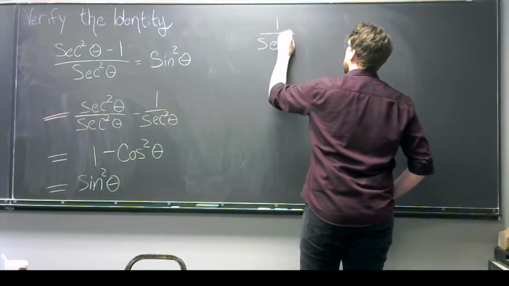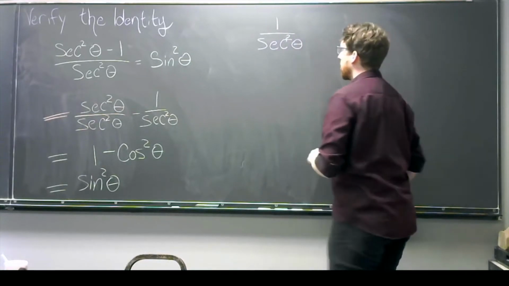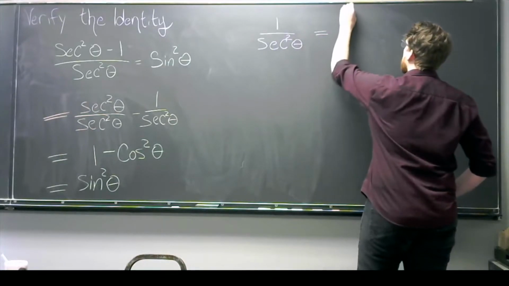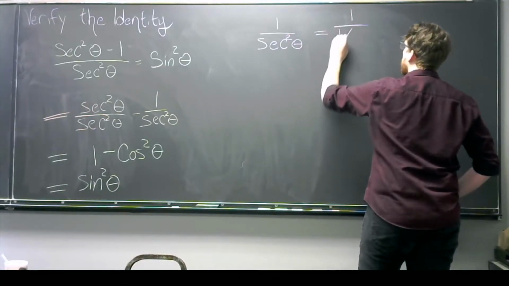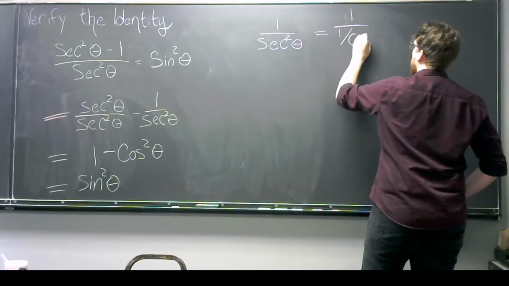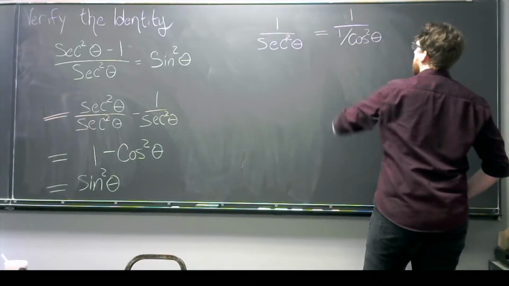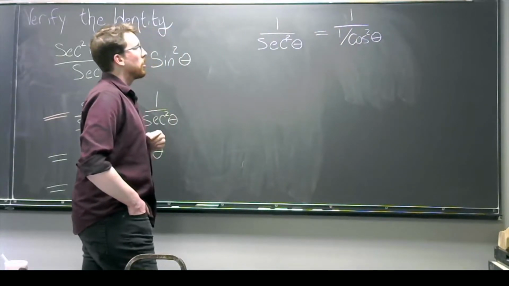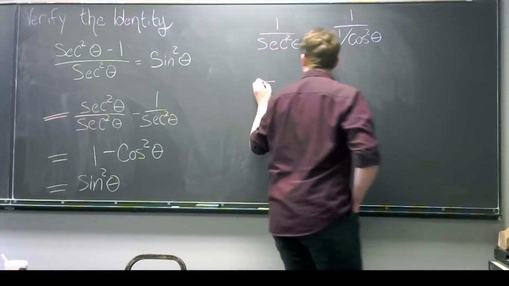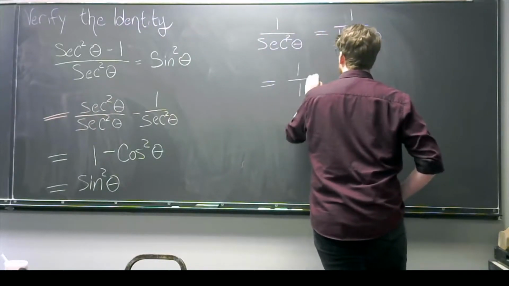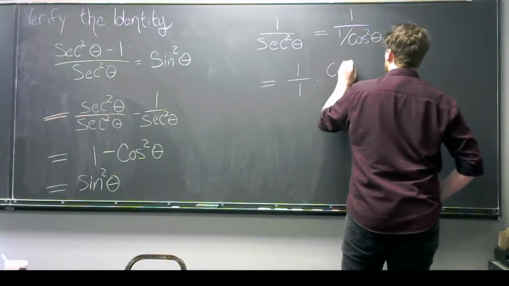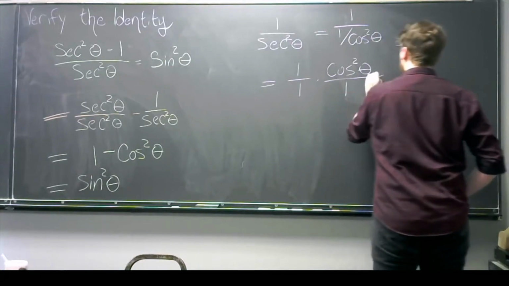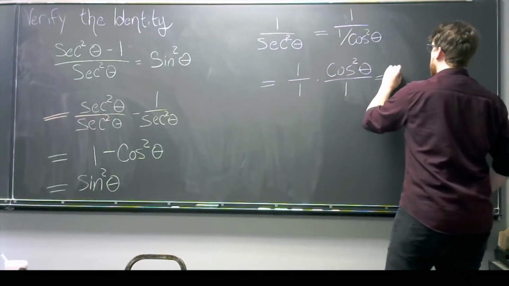I started with secant squared theta, and then I said, all right, well, secant squared theta is really just 1 over cosine squared theta. Which is really just 1 over 1 times the reciprocal, so we get just cosine squared.